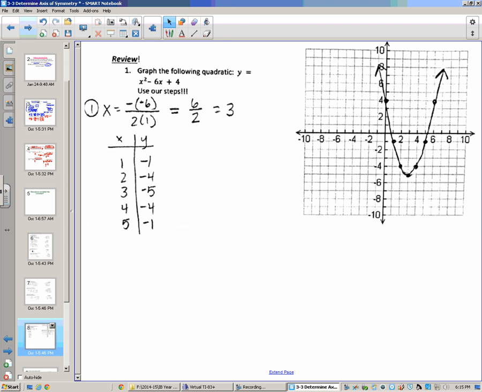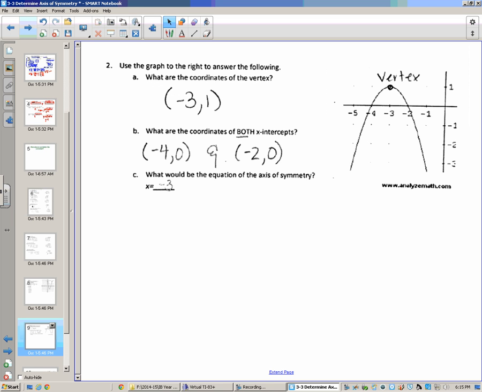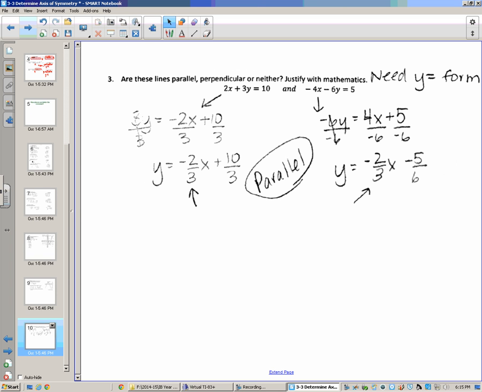And then the answers to some review. This was a review of graphing, and then this was a review of analyzing the graph. And then the last one was a review of checking, are they parallel, perpendicular, or neither? And you need it in y equals form first.